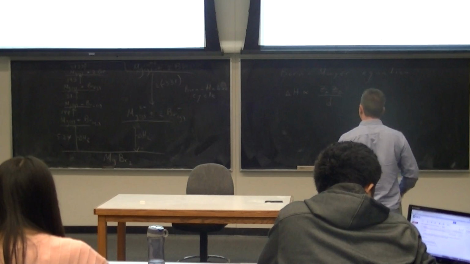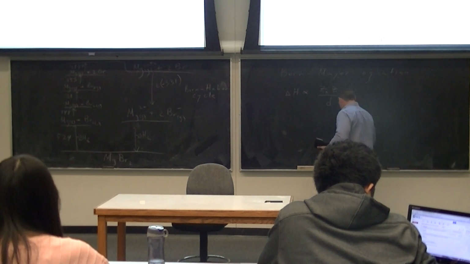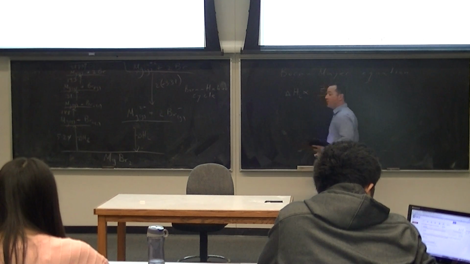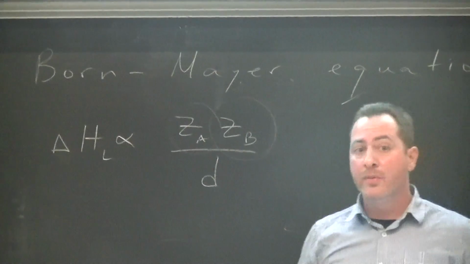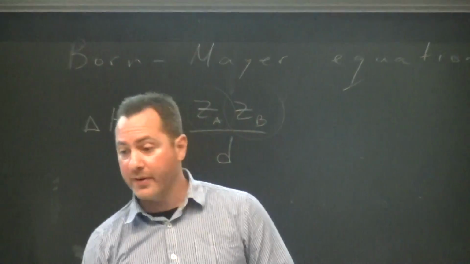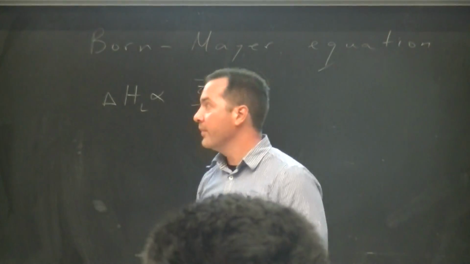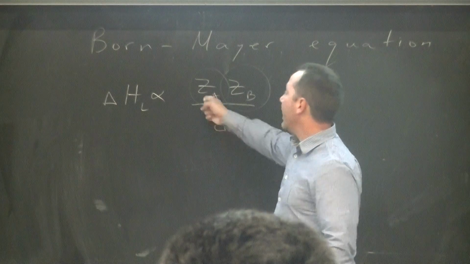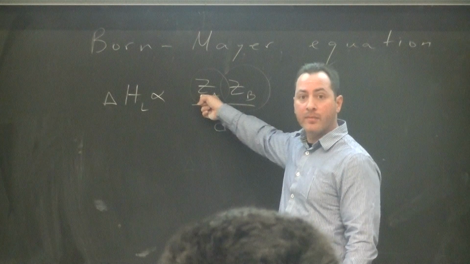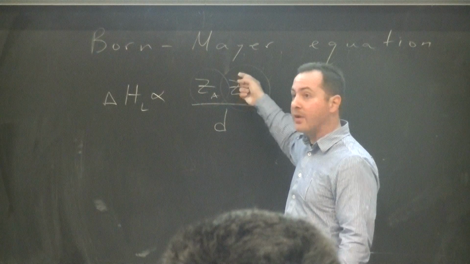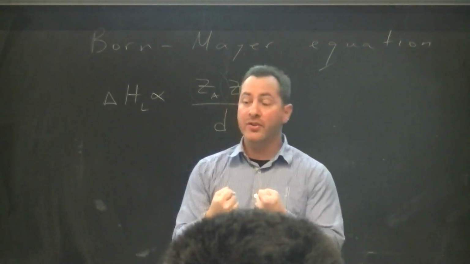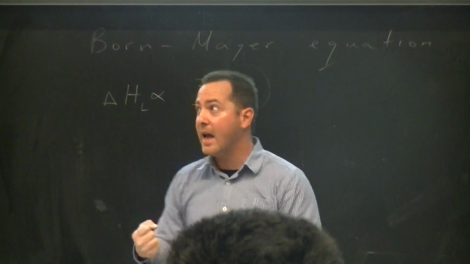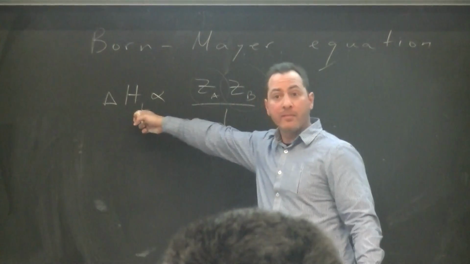And basically, the lattice enthalpy is going to be high if the product of the charges is high, which means that if I have, for example, cations that are +2 or +3, and anions that are -2 or -3, the ionic bond between those highly charged things is going to be very high, so the lattice enthalpy is going to be high.